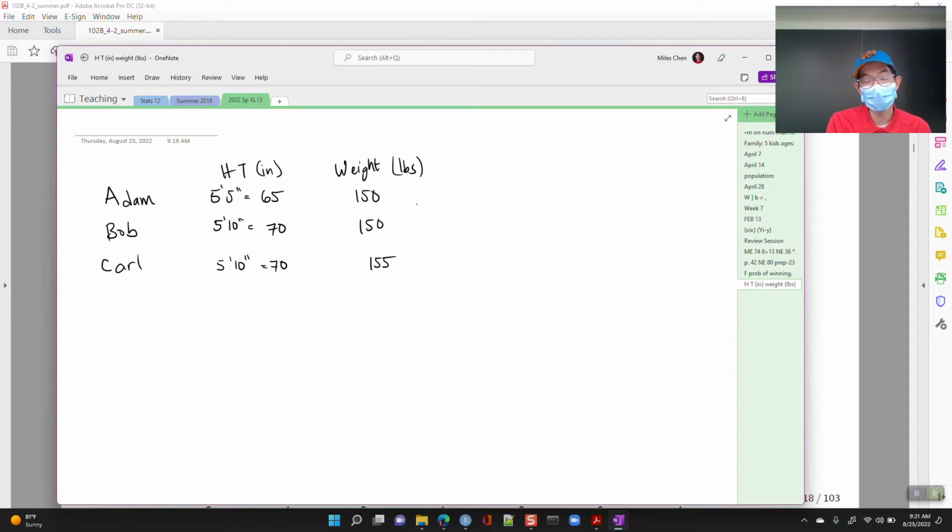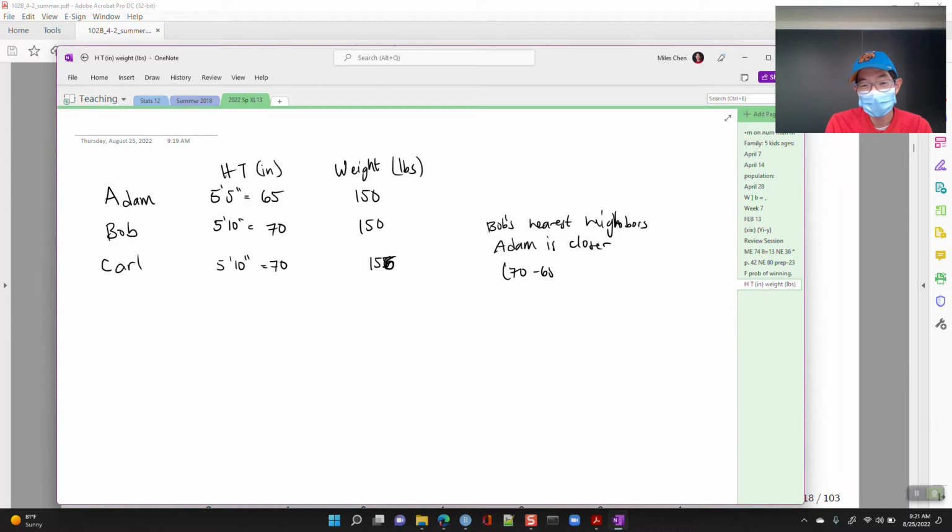If you did k-nearest neighbors, and you say, who are the nearest neighbors to Bob? Or here, let me just make Carl 156 pounds, okay? Bob's nearest neighbors, it would say Adam is closer because the distance is what?